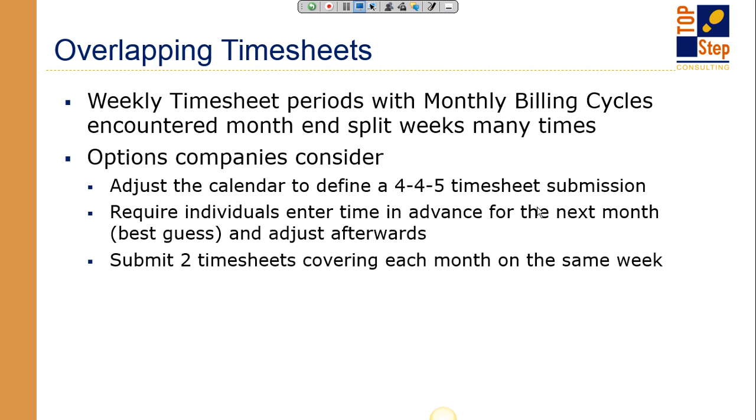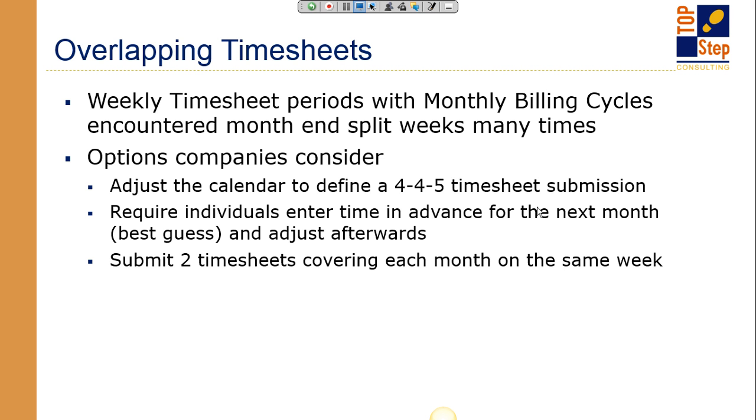Some customers, instead of worrying about month end, just redefine their calendar, doing custom time ranges, changing them to a 4-4-5, where they do 4 weeks, 4 weeks, 5 weeks. Which a lot of companies do, and that eliminates the whole month-end concern. Some customers say, okay, we need your time entered by the 31st.